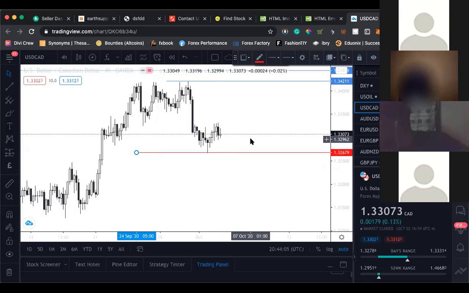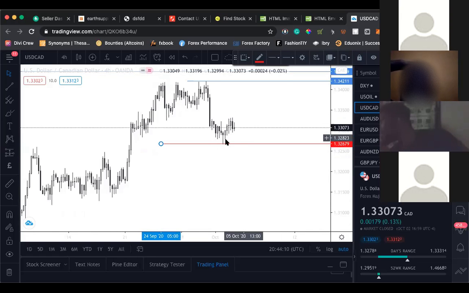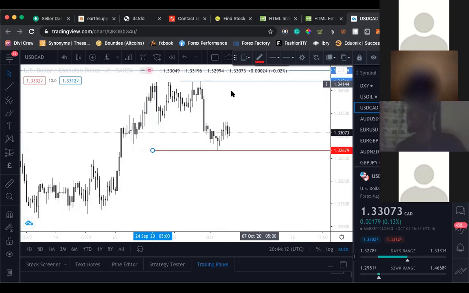However, if the trade decides to go in my direction, meaning if it rallies up and it reaches my TP, the trade will close. Even though I'm not behind my laptop or with my phone to close the trade, it will close by itself, then my profit will be taken.